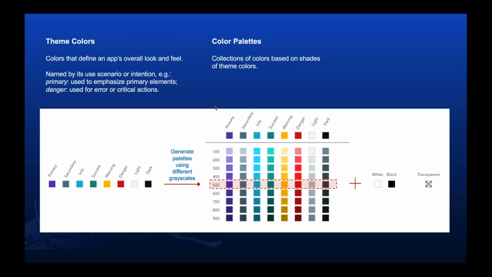And as shown in the picture below, these 8 theme colors then generate color palettes using different grayscales to provide you more color variations. And all these colors, plus the black, white, and the transparent, together make the color system within the framework.